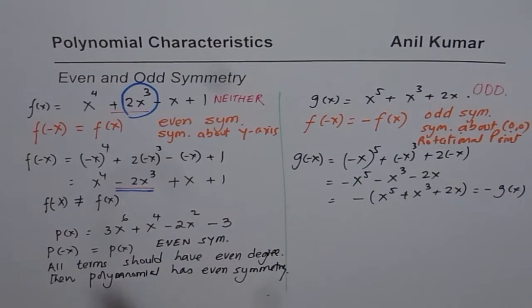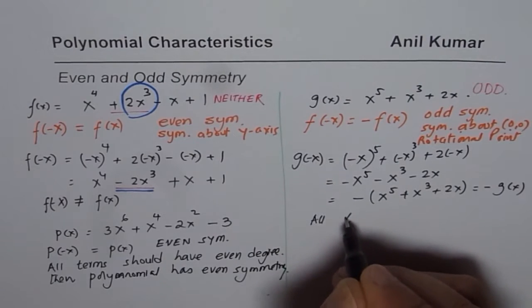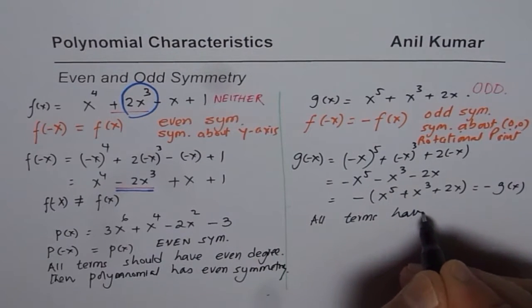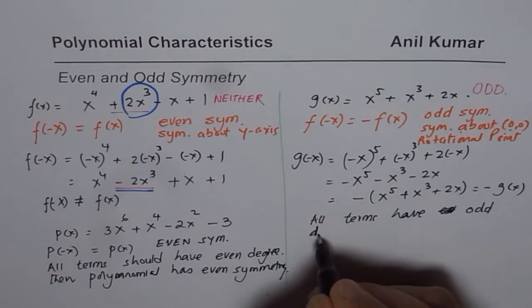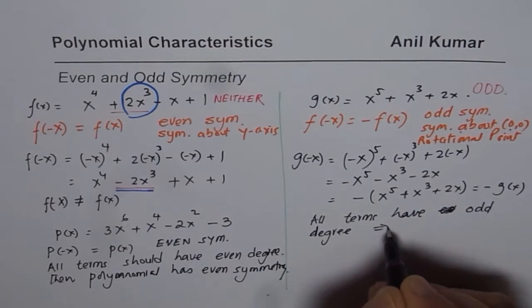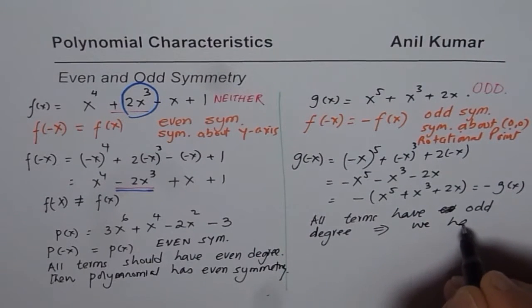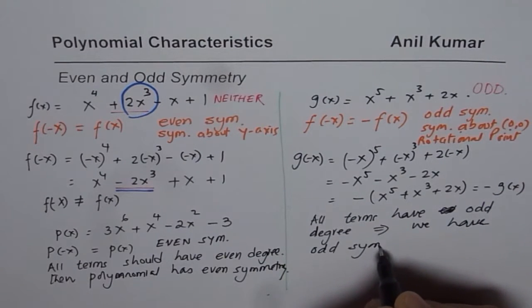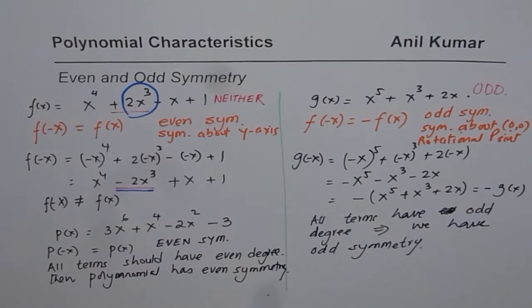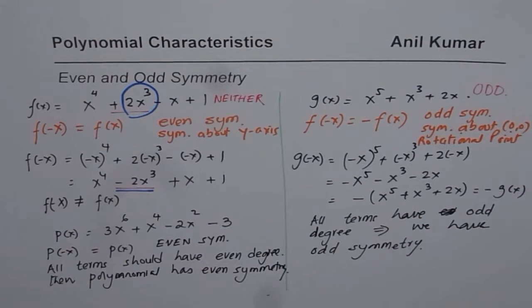And the test here is that all terms have, I should say, odd degree. Therefore, we have odd symmetry. So the idea here is that you can visualize and check whether the given polynomial will have even symmetry or not, will have odd symmetry or not, right? So that is very important to note.